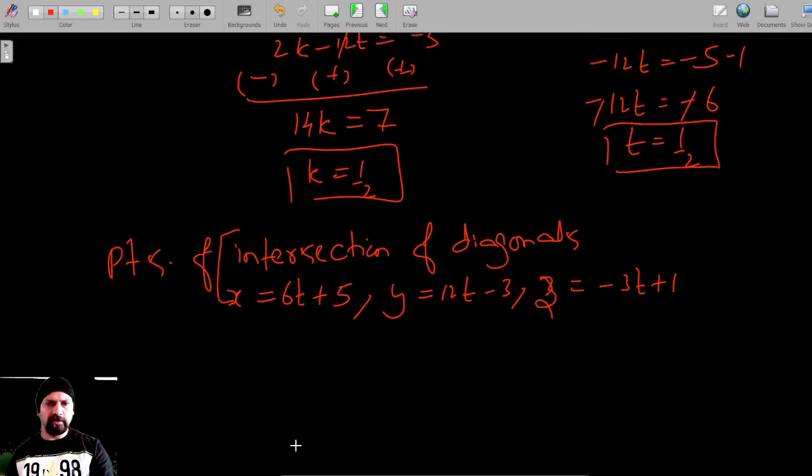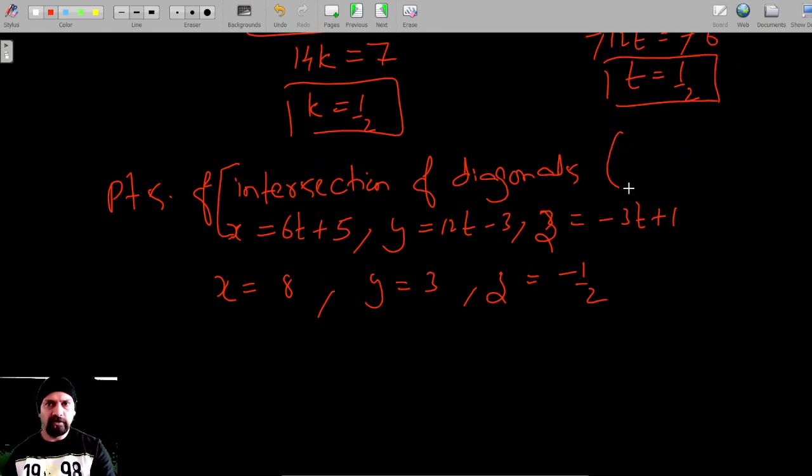If we replace the value of t, x is equal to 6 into half, which is 3, plus 5 is 8. y is equal to 12 into half, which is 6, minus 3 is 3, and z is equal to minus 3 into half, which is minus 3 by 2, plus 1 is half. So the point of intersection of the diagonals is (8, 3, half).